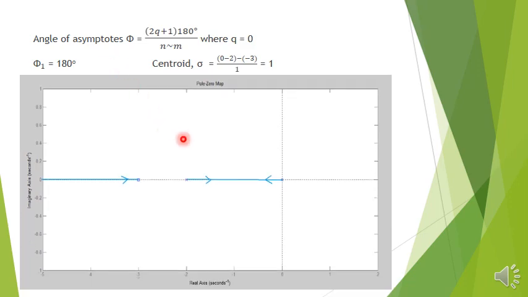So the graph remains the same because 180 degrees is in this particular direction, the negative real axis. So starting from this point, the angle of asymptote is minus 180 degrees. That indicates one branch terminates in the direction of the negative real axis.